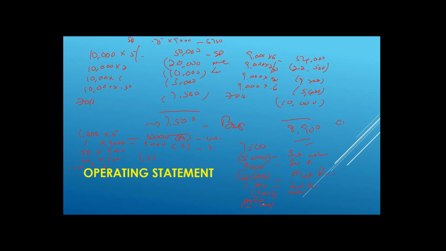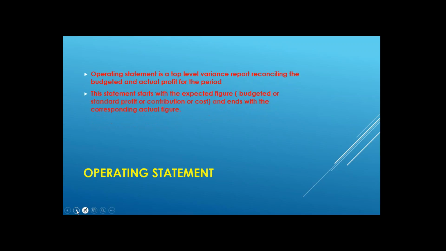So we looked at the figures and we try to reconcile the operating statement, right? So this is a very important statement. Most of the time our examiner will ask us to do this statement. So we start always with the budget. It's a top-down variance reporting.